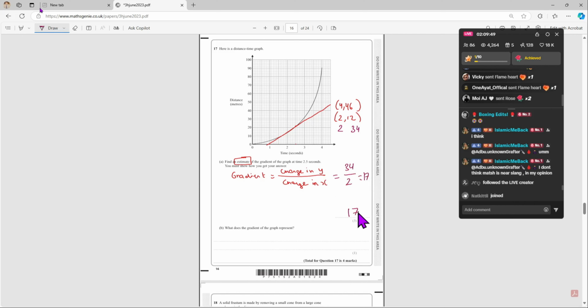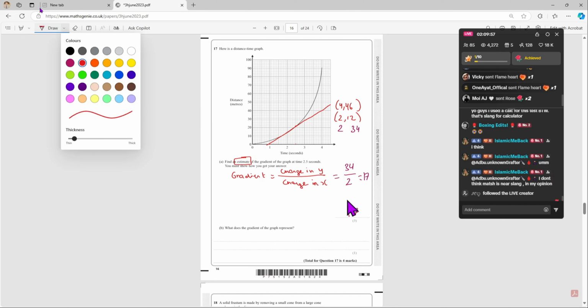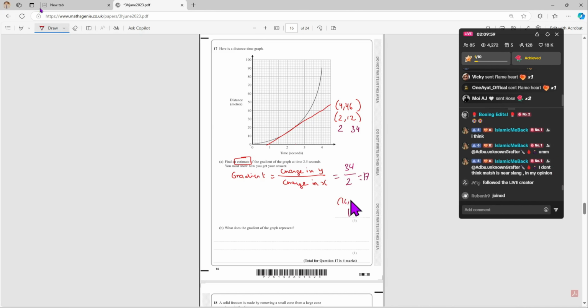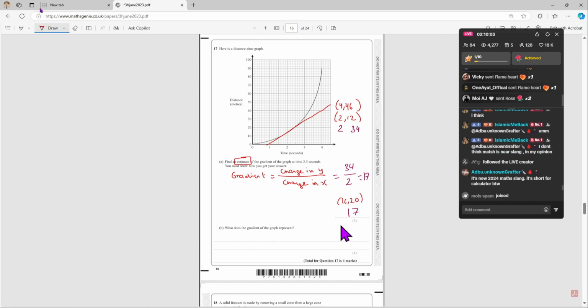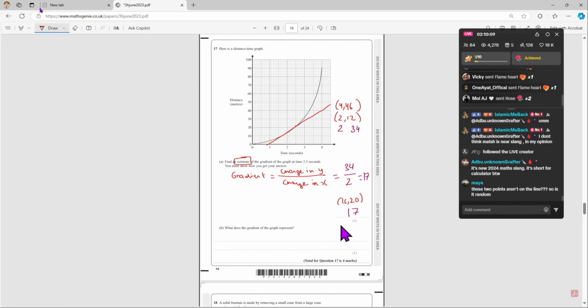And that's going to be your answer of 17. Now, in the mark scheme, it says the range is from 16 to 20, so you can give any answer from 16 to 20, okay?